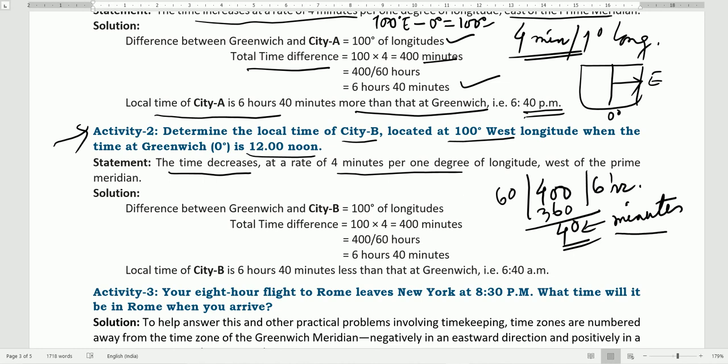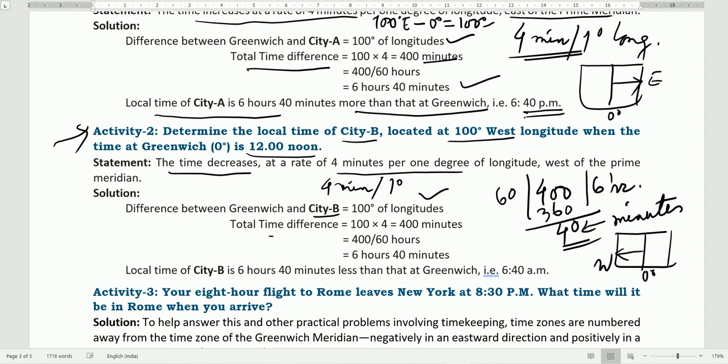Just see here, this is the prime meridian, and when we move towards the west, the time decreases at the rate of 4 minutes per 1 degree of longitude. So the difference between Greenwich and city B is 100 degrees longitude.